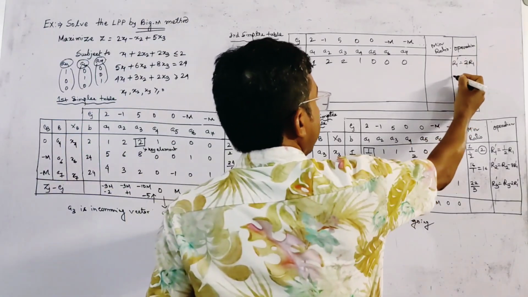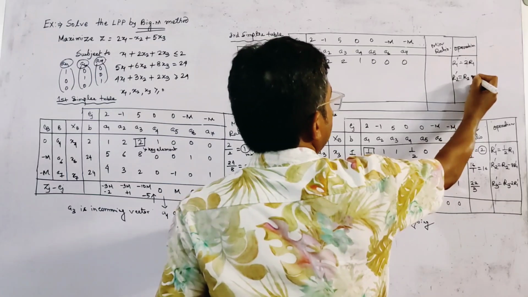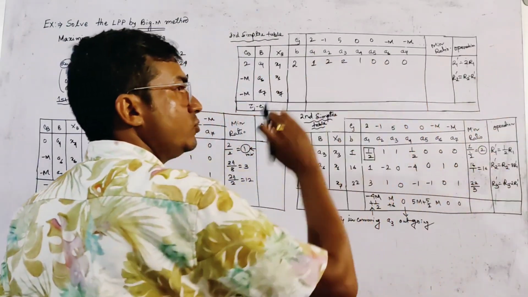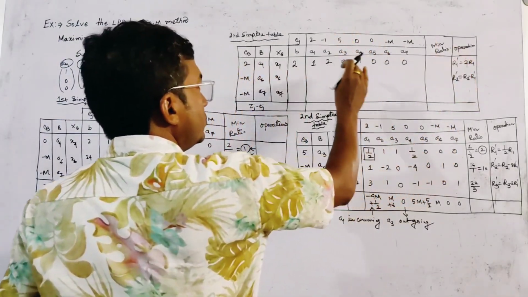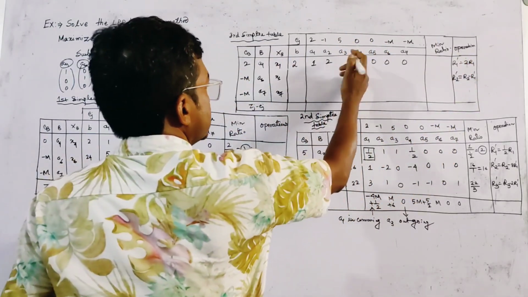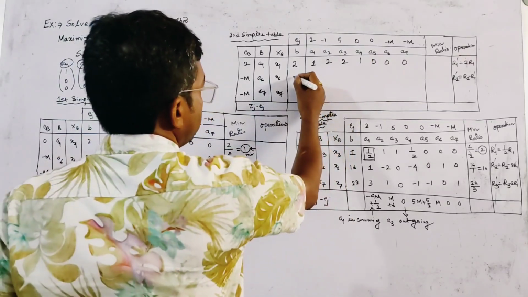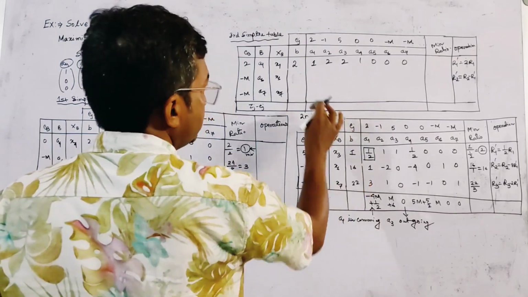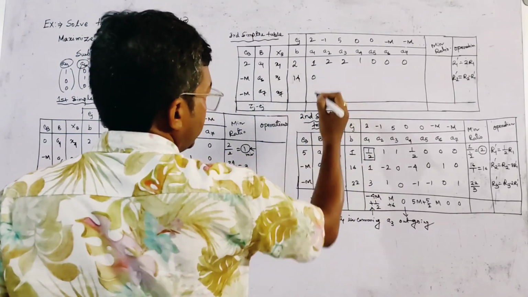So we make the operation R2 dash equal to R2 minus R1 dash, this is the new first row, and this is 2. Okay, so we get 15. Sorry, this is not 15. This is 16 minus 2, this is 14. This is 1 minus 1, obviously 0.